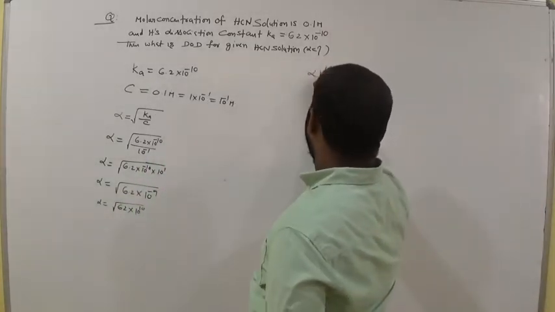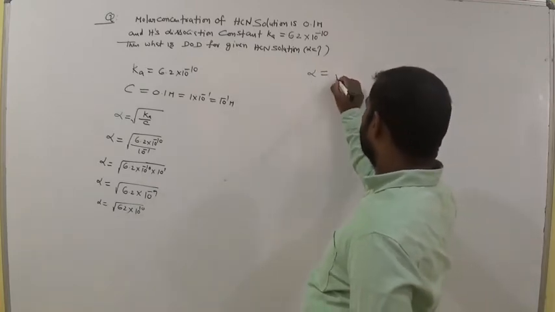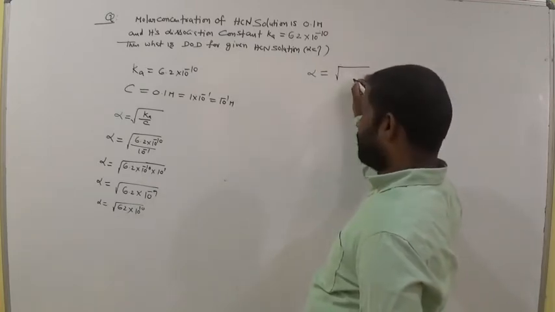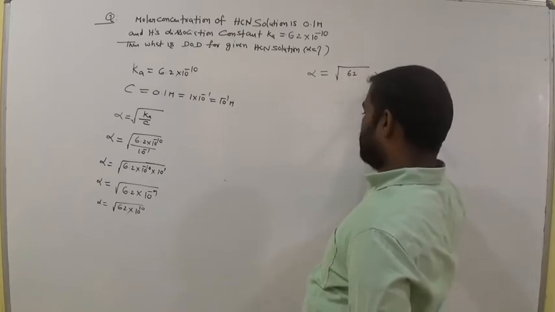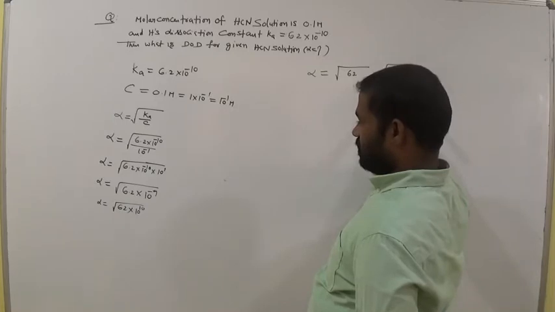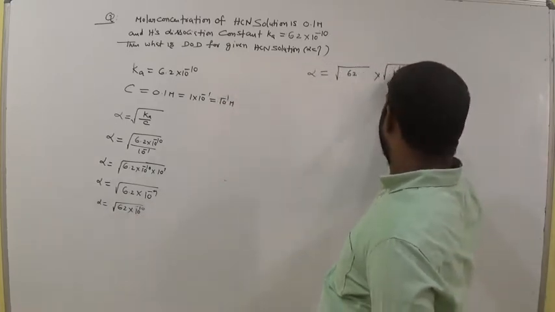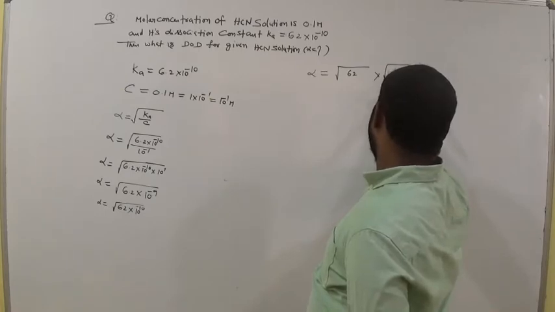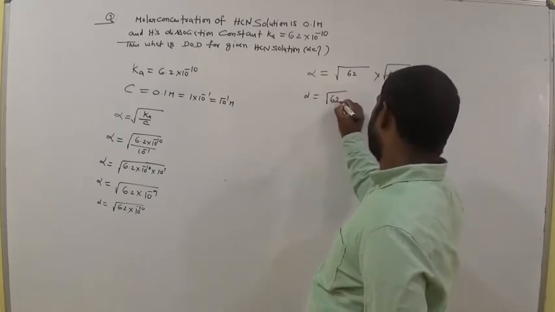So alpha equals square root of 62 into 10 power minus 10. Then alpha equals square root of 62.